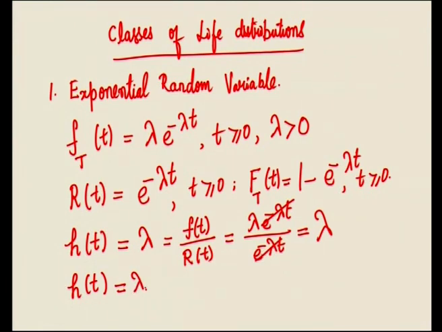What is the mean for an exponential random variable? The mean, with the notation mu, is given by 1 by lambda. And another important measure is the variance.